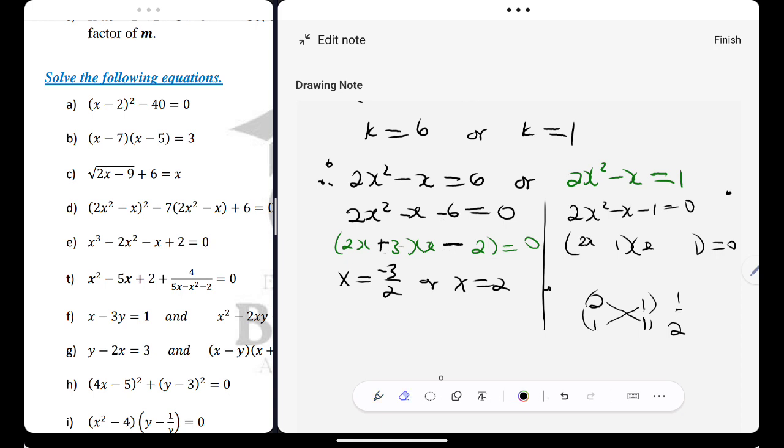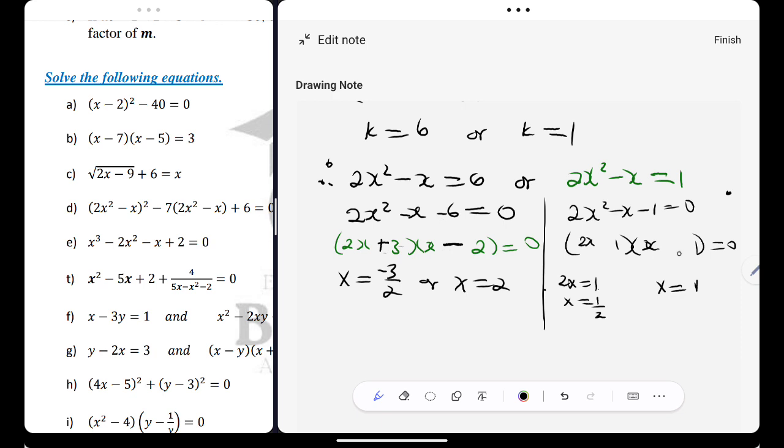I'll do the same thing for the signs. Which bracket will give me a greater value? The first one will give me 2x is 1, then x is a half. The other one is just x equal to 1. So this bracket will give me a greater answer, because 1 is greater than a half.